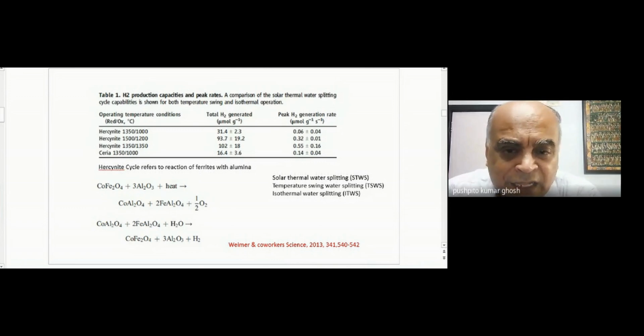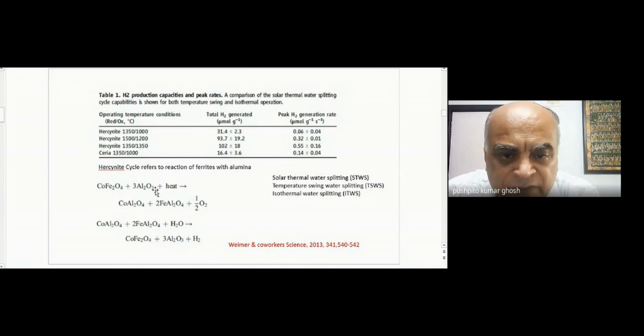And they then came up with this scheme. It's called the Hercynite scheme. The Hercynite cycle is basically a reaction of ferrite, this is known as ferrite, the structure, with alumina. So ferrite and alumina in the presence of heat are reacting, and what are they forming?